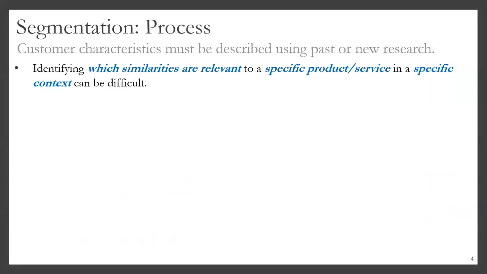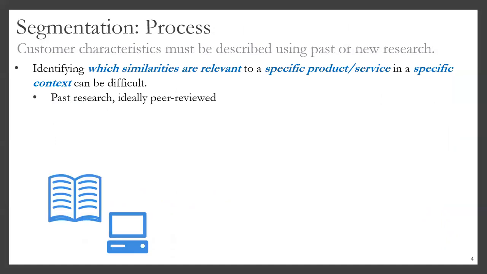So the process of segmentation is simply identifying which of those similarities in those four different groups are relevant to a specific product or service in a specific context. Now, this might sound simple enough, but it is particularly difficult. Typically you would start with looking at past research, ideally peer-reviewed research, to try to understand, has someone else studied this before? Is it related? Is my product or service perhaps too different from what's existing in the research and I need to do new research?